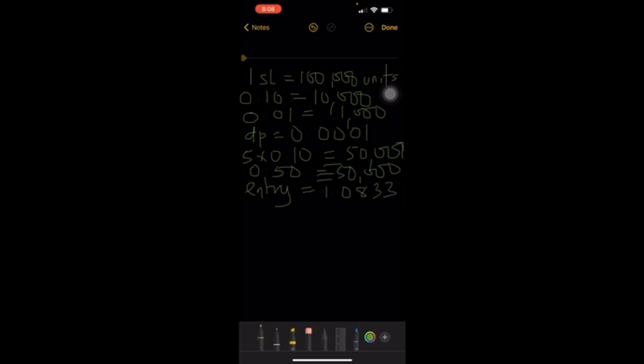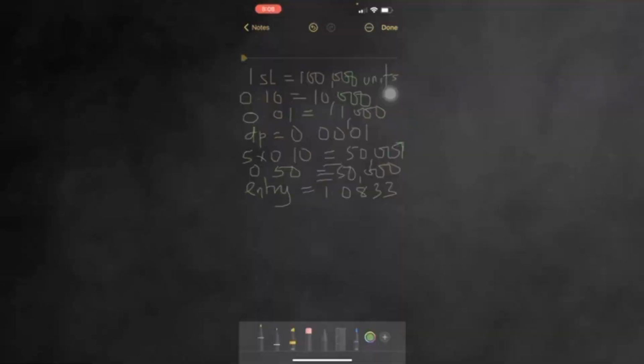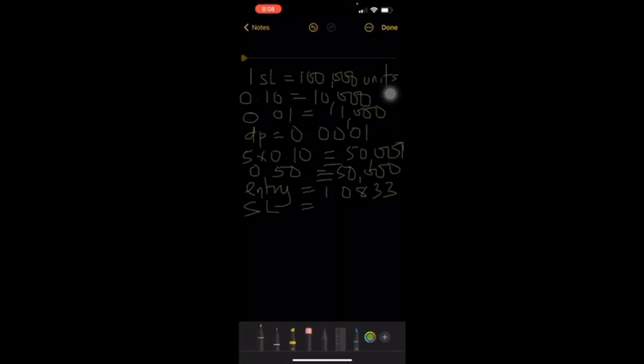Now we're looking to sell, and we're going to place our stop loss at 1.09933.